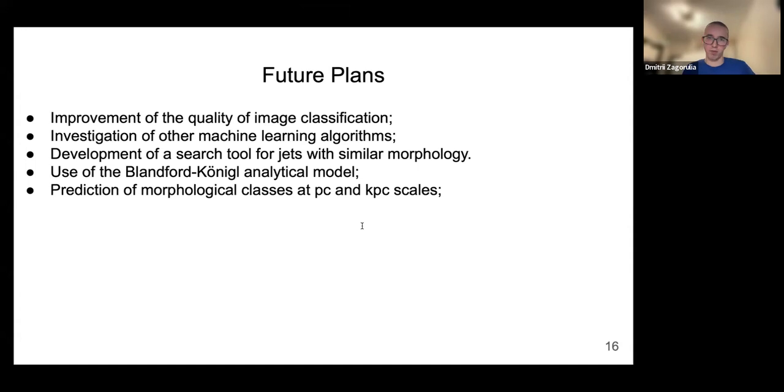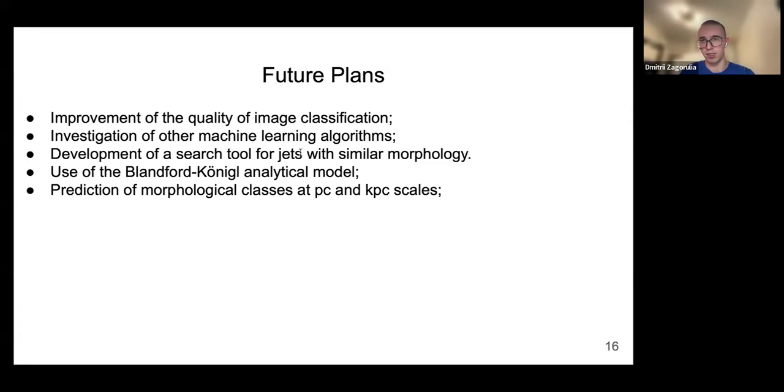Our future plans: obviously, we would like to improve the quality of our image predictions. We also consider investigating other machine learning algorithms, because drawing synthetic models is not ideal, but we still would like to finish a proof of concept with this pipeline. We could also consider using conditional variational autoencoders to produce these synthetic images.